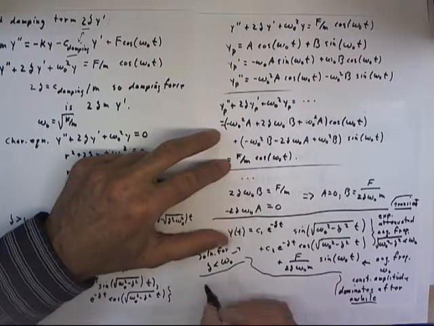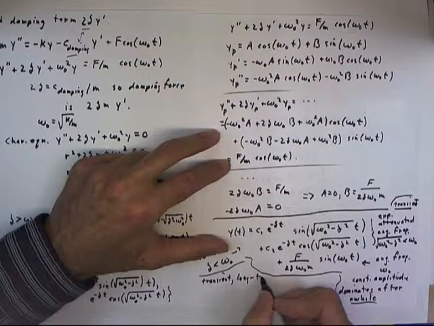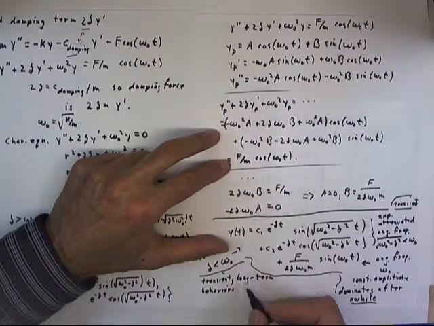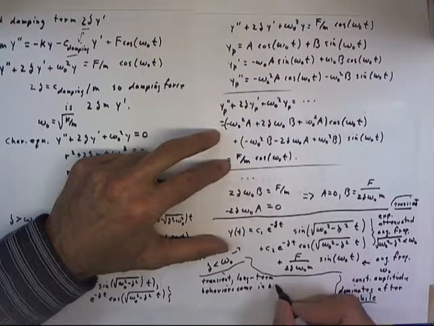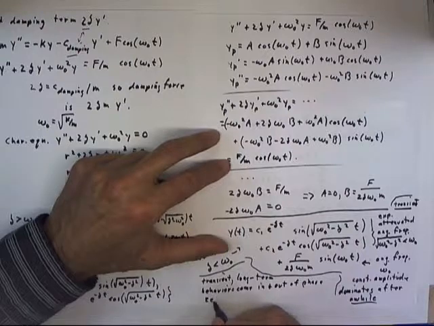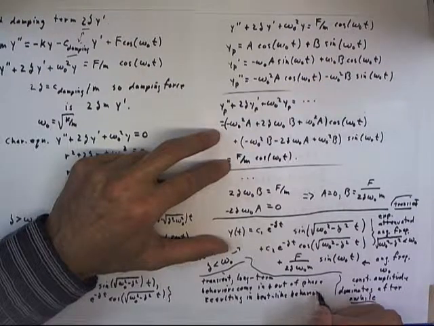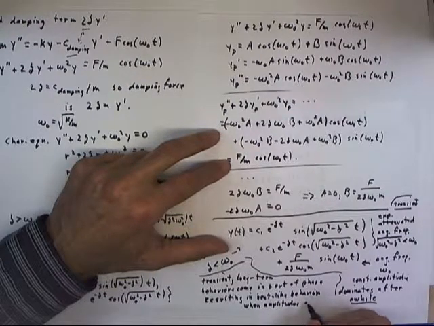So I can say, if I've got room to write it down here, the transient and long-term behaviors come in and out of phase, resulting in beat-like behavior when the amplitudes are comparable.